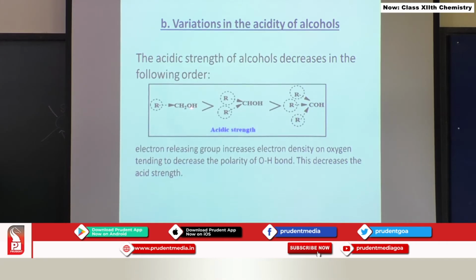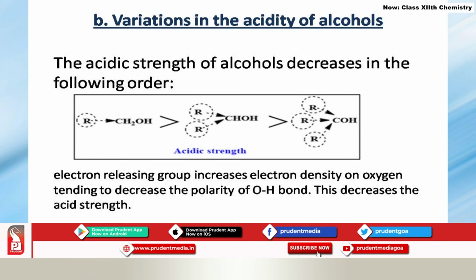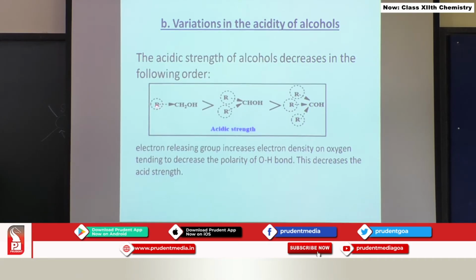Now, if we want an alcohol to lose H plus ions readily, the polarity of the O and H bond should be very high, or we should increase the polarity of the OH bond, then only H plus ions can be easily lost. Now, you see primary alcohol, this alkyl group has plus I effect, an electron pushing effect, and therefore, from this bond electrons are pushed towards this particular carbon.